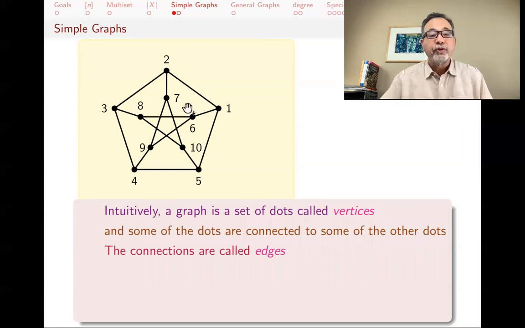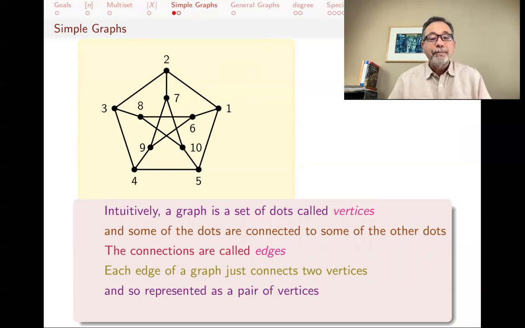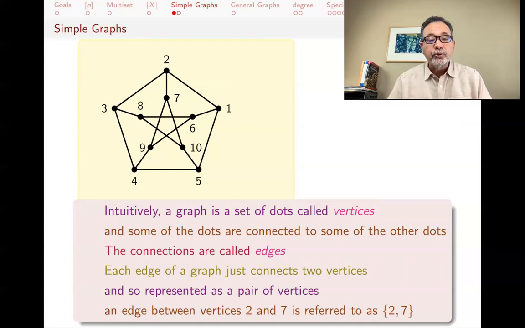And I have 10 vertices and 15 edges. Each edge of a graph just connects 2 vertices, and so you can represent it as a pair of vertices. So, for example, there's an edge between 2 and 7, and we refer to it as the set {2, 7} in this kind of graph.